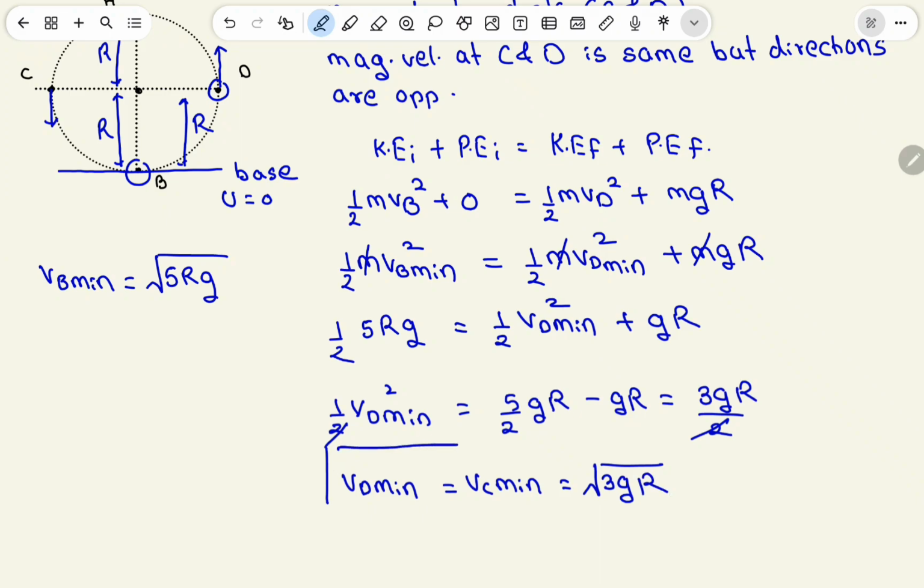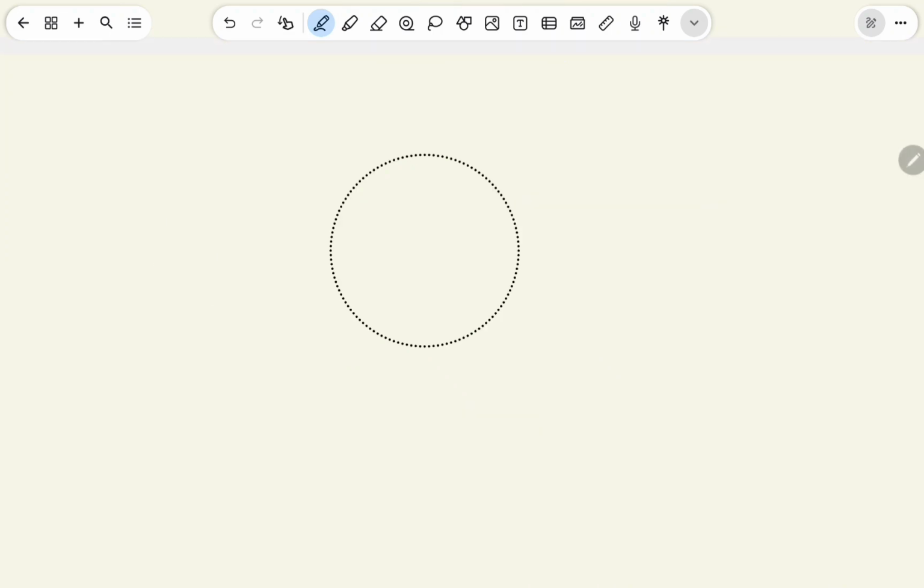So we have found the minimum velocities at all the points of the vertical circle, so that the particle performing vertical circular motion just completes the circle. We will quickly plot the minimum velocities at the desired locations and their directions on this diagram. Let's assume an anti-clockwise vertical circular motion.